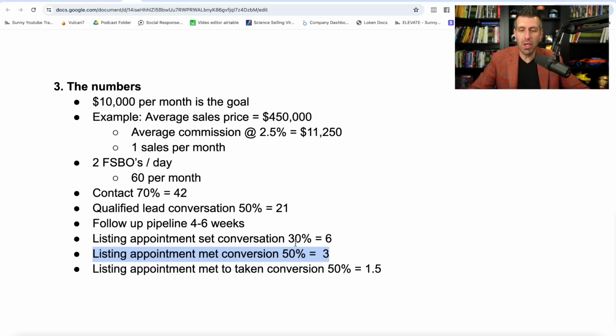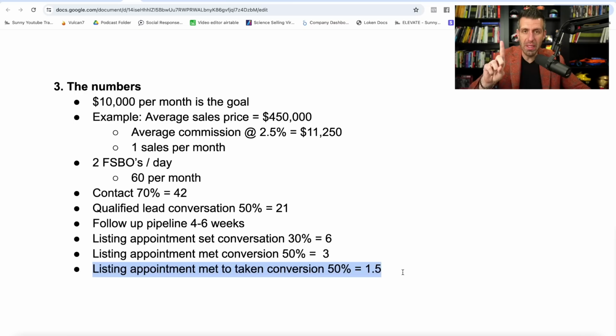And depending on your listing presentation skills and how compelling it is and how in depth your pricing strategy is, you should be able to convert 50% of those. And lo and behold, that's about 1 to 2 listing opportunities for you per month.